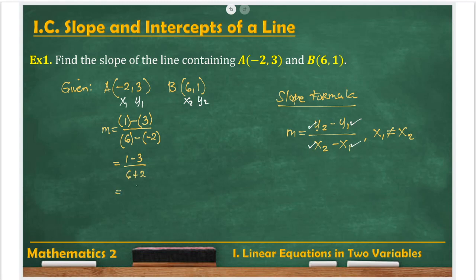So we have 1 minus 3 is -2 over 6 plus 2 is 8. And -2 over 8, when simplified, is equal to -1/4. Therefore, the slope of the line passing through points A and B is -1/4. So that's the slope.